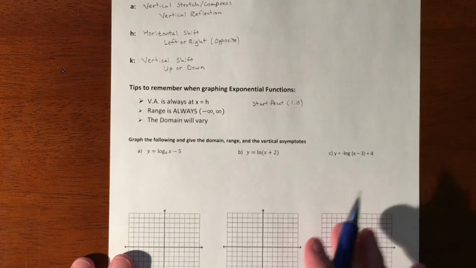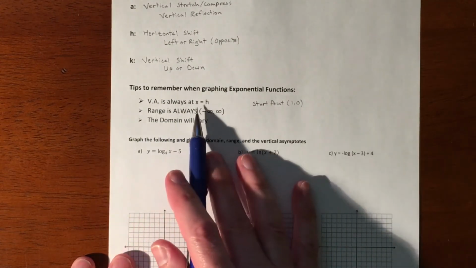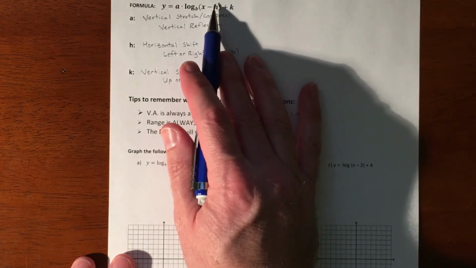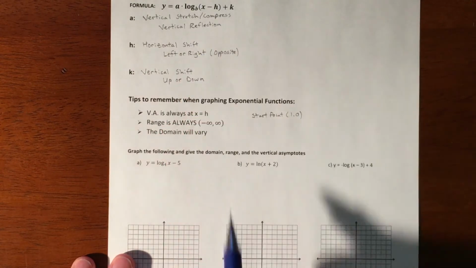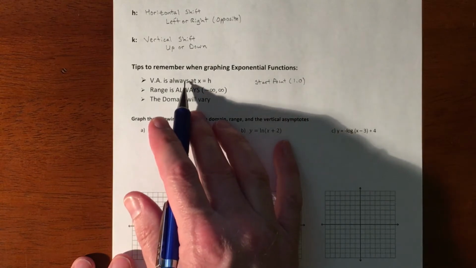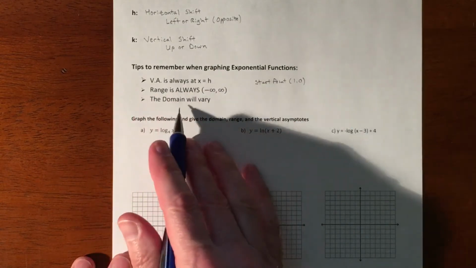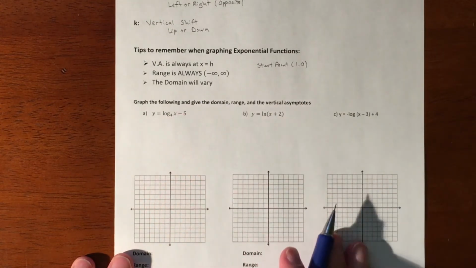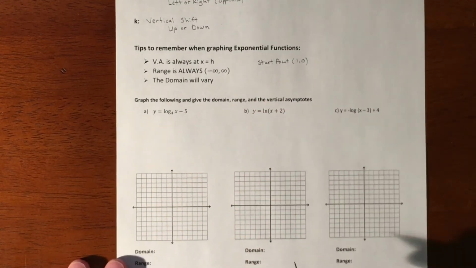All right, so your vertical asymptote is always going to be based off of your shift here. So normally your vertical asymptote is at x equals 0, and dependent upon whatever kind of shift that thing has. And then because of the vertical asymptote, it's going to shift your domain. But the range always goes up and down forever. And our starting point is 1, 0.